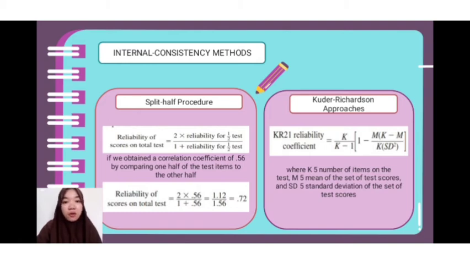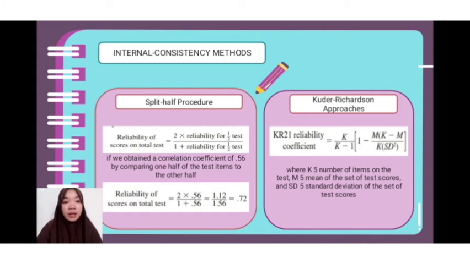The reliability coefficient is calculated using what is known as the Spearman-Brown prophecy formula. A simple version of this formula is as follows: reliability of scores on total test equals 2 times the reliability for half test, divided by 1 plus the reliability for half test.